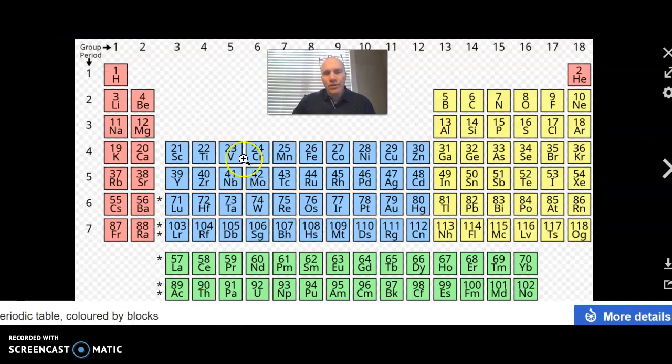This one poses a little bit of difficulty because you're comparing things that are both in different periods and in different groups. So here are the two elements, and let's see what would happen if, instead of going diagonally, we make a series of moves going to the left and then going up.